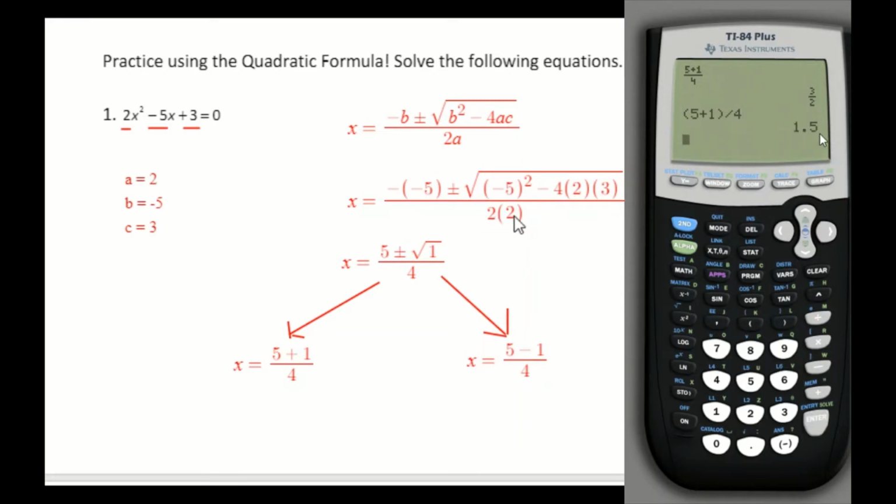I think since we have a terminating decimal here, it might be wise to just go ahead and include the decimal here. So we get 1.5 as one of our solutions. And then I think we said the other one was 1, but let me just go ahead and put that in again. So yeah, we do get 1 as our separate solution.